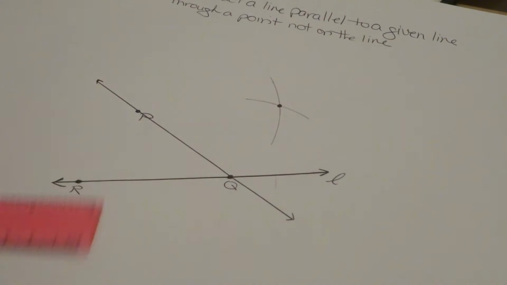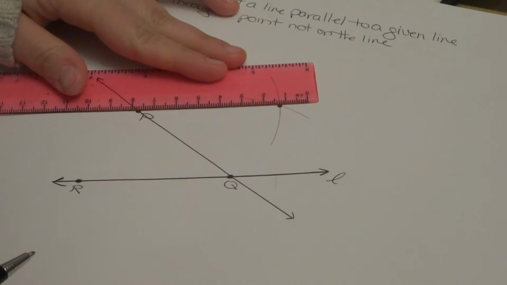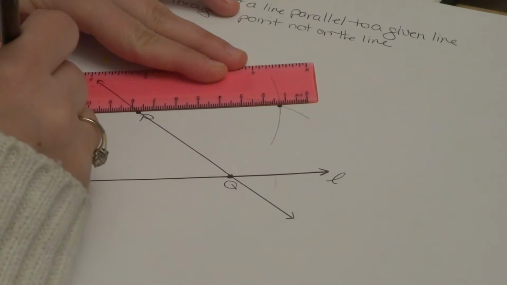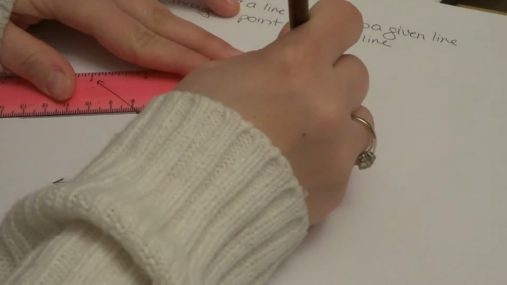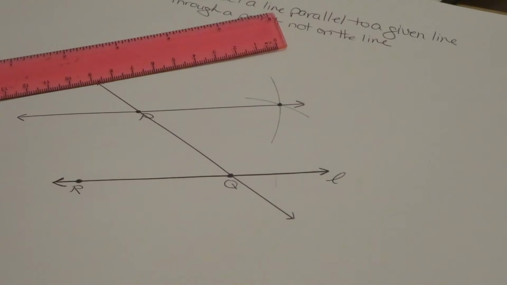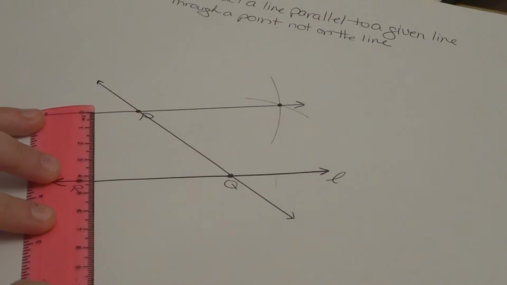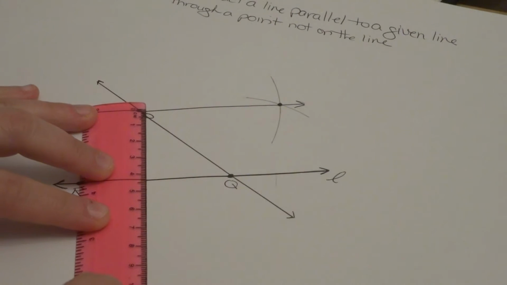And now if I connect those dots and draw in the line from P to the point that we just created, we should have a line parallel to line L. And you can verify being parallel because they should be equidistant apart the whole time.